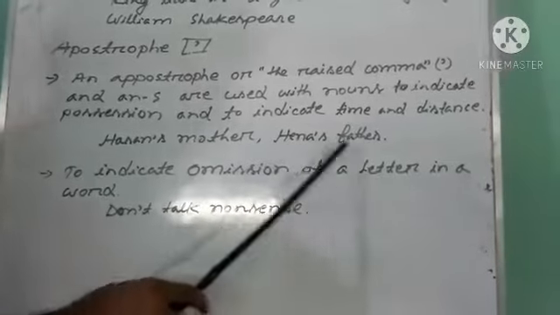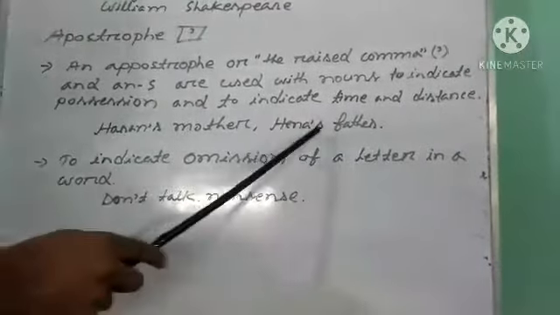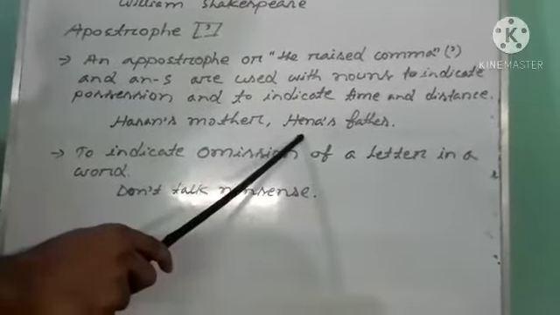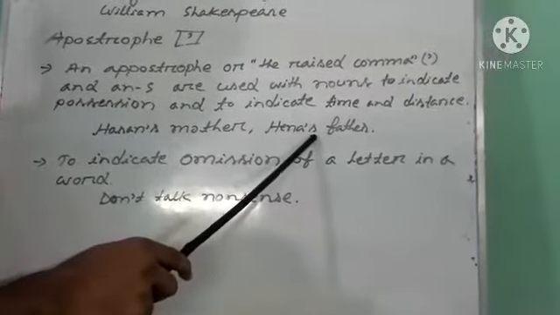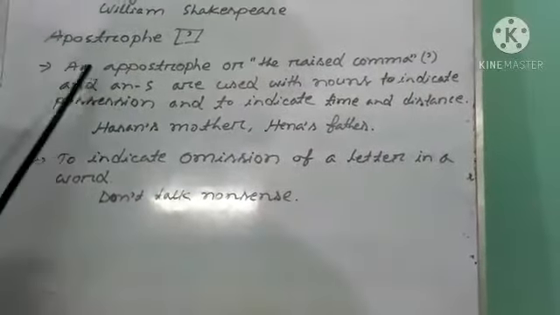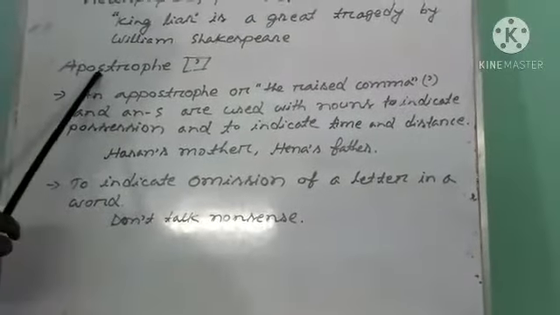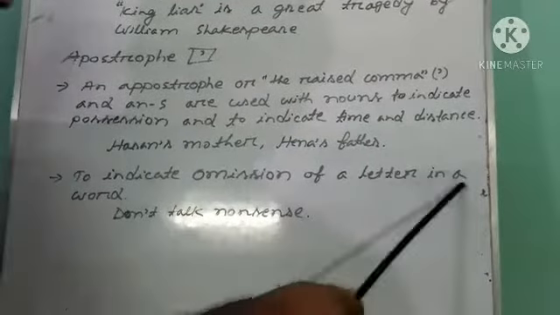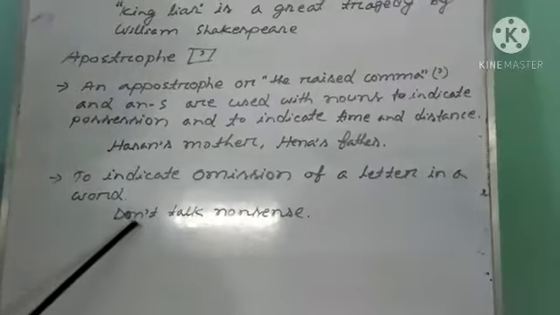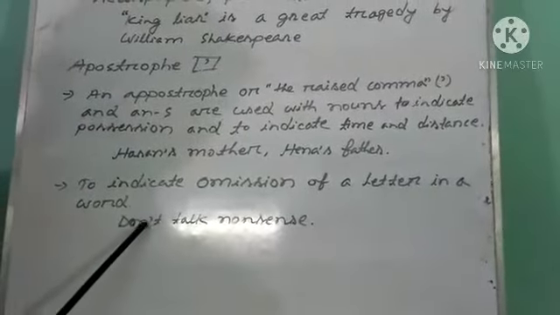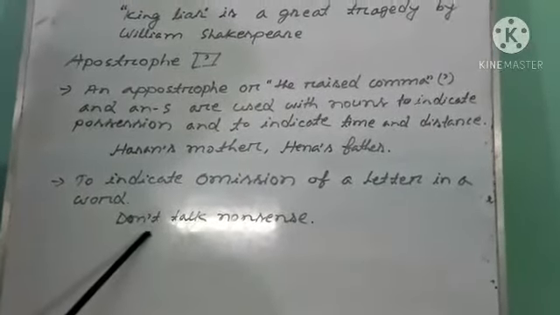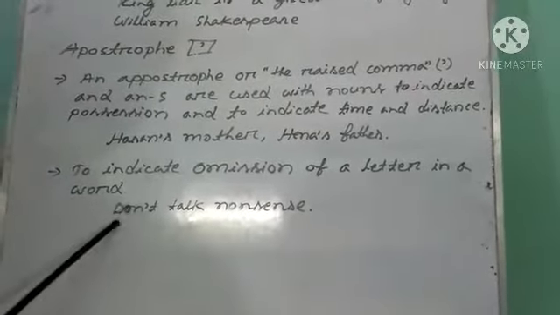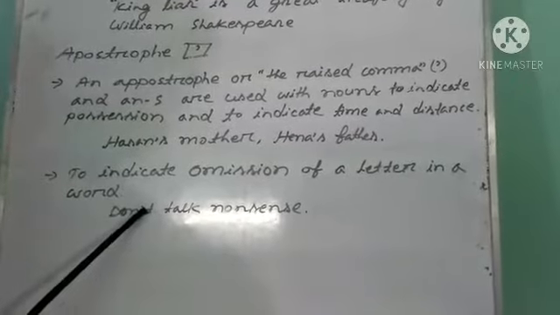Hannah's mother, here also Hannah is a noun. Another one, an apostrophe is used to indicate omission of a letter in a word. For example, don't talk nonsense. Here don't is a contraction of do not, and we use an apostrophe.